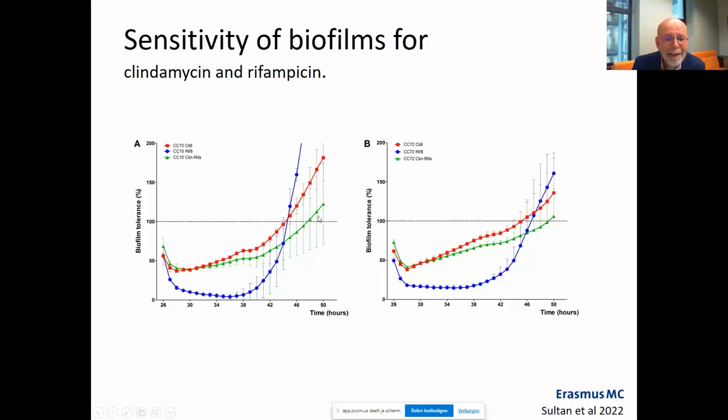Look, when you combine them, rifampicin loses its activity, and that also counts for when we do this for CC27. 72. The rifampicin effect is not there anymore, and you can only see more or less the clindamycin profile. So it looks like this is either antagonistic, or something like clinda takes over. I'm not really sure.